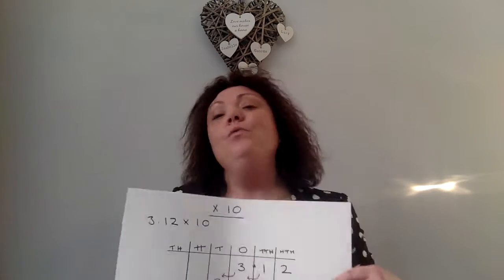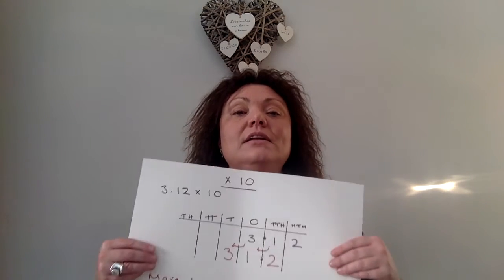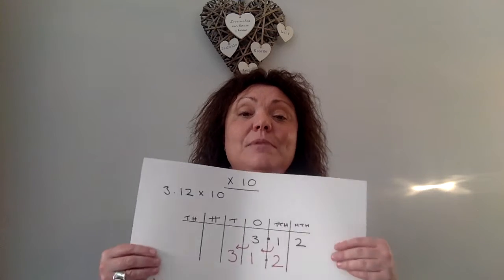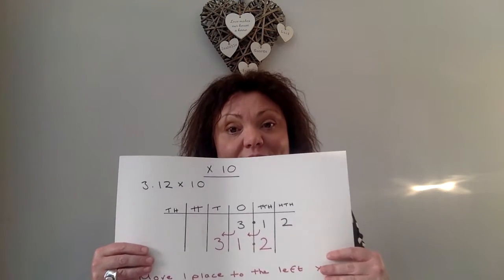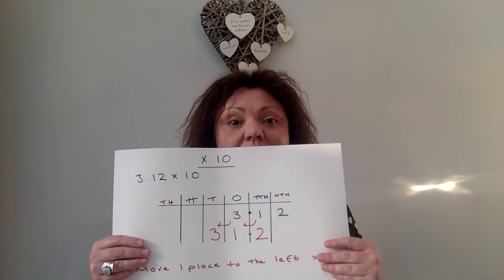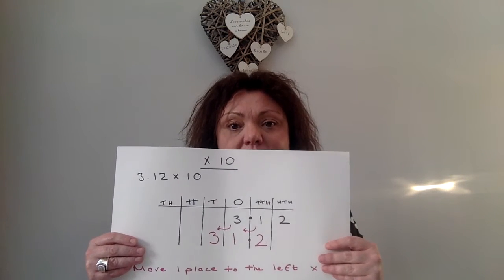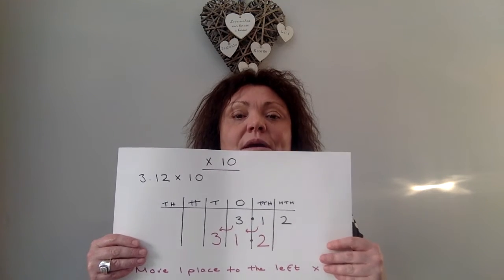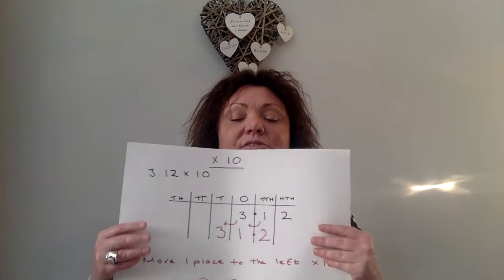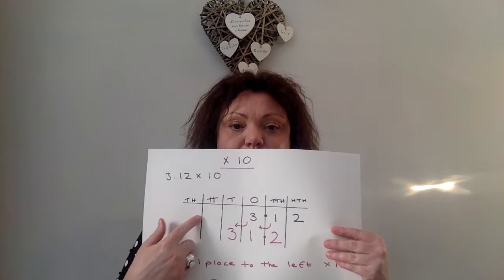Okay, so we are going to look at multiplying by 10 by looking at the place value chart again, okay, Year 6. So the number we're looking at is 3.12 times 10. Okay, 3.12 multiplied by 10. And I've got my place value chart here.